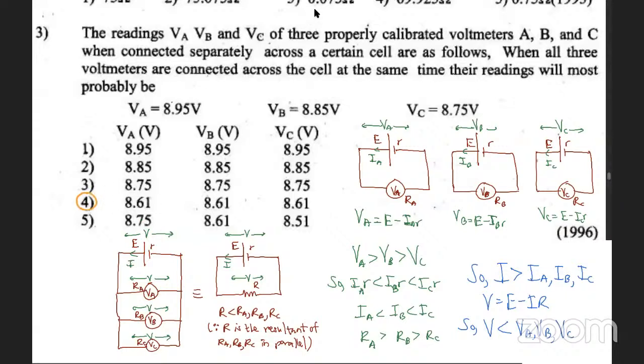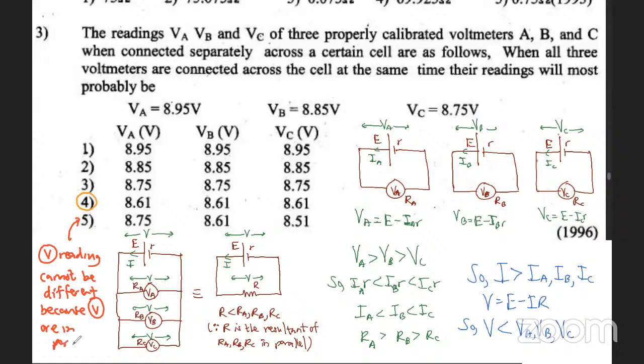Why is fifth one wrong? Can someone tell me? Fifth one is wrong because voltmeter readings can't be different, because voltmeters are in parallel.